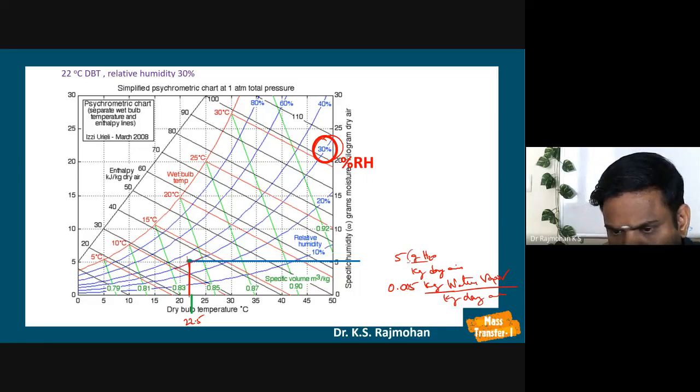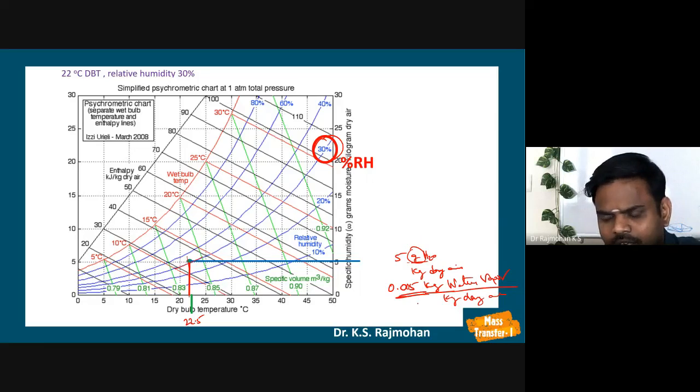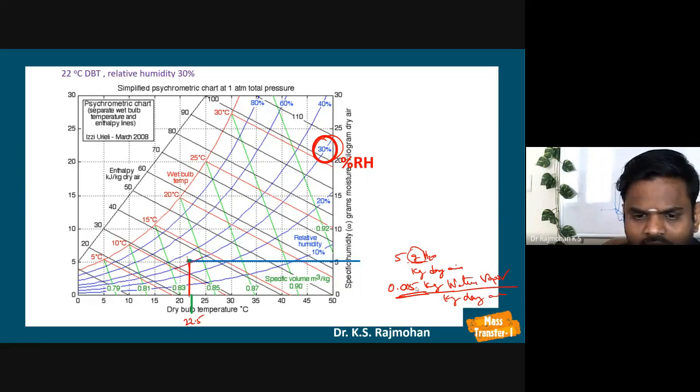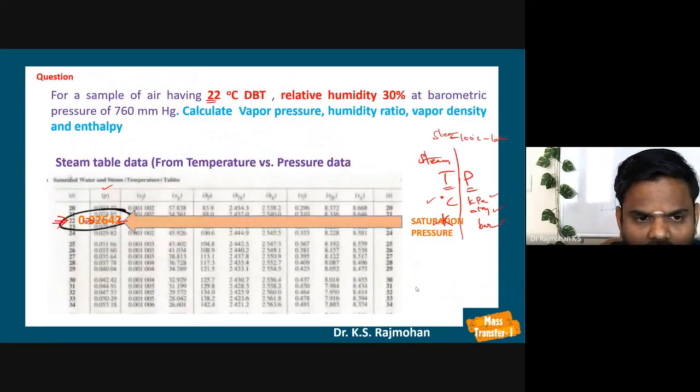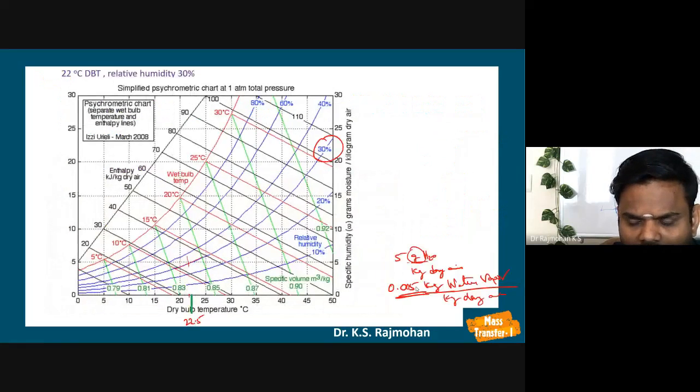Because gram is 10 power minus 3 kg. So that's why 0.005 kg water vapor per kg dry air. Okay, now what else can you get? Refer to the question: find the vapor pressure, humidity ratio, vapor density, and enthalpy. Humidity ratio is this one. Absolute humidity is the humidity ratio. So absolute humidity we have determined. Next, other parameters, whatever we can get, we will mark.